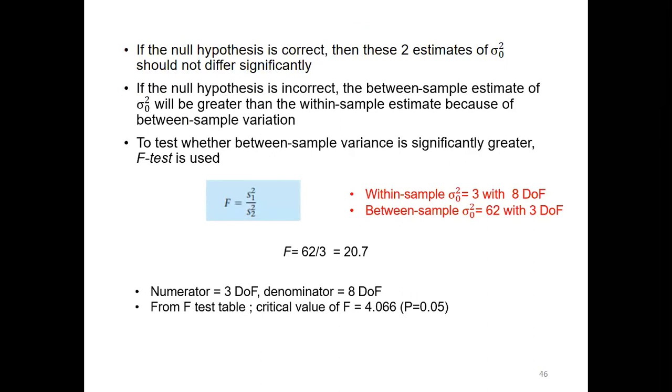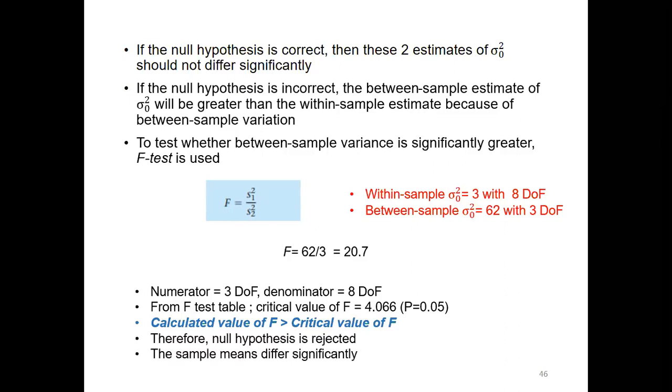Now, is the critical value of F higher or lower than the calculated value? The calculated value is 20.7, so the calculated value is higher than the critical value. That means the null hypothesis is rejected because the calculated value is high.